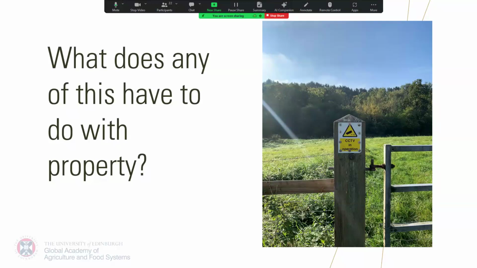And those are all really important things, and they are definitely barriers and or solutions. But what they miss out is an engagement with the idea of property itself.